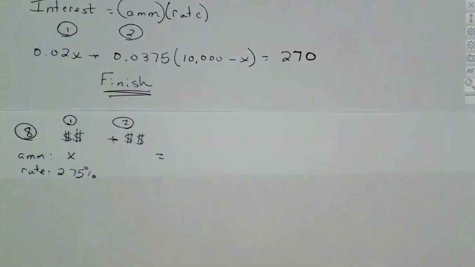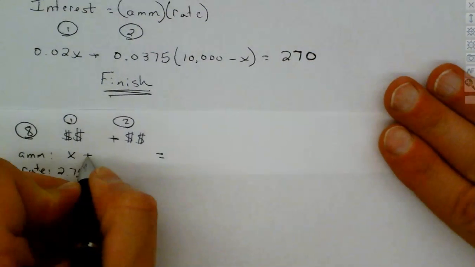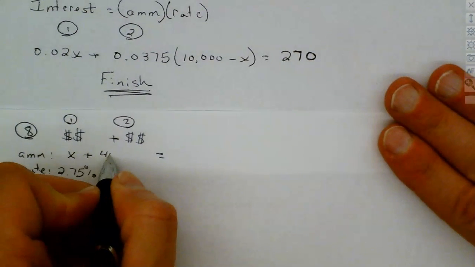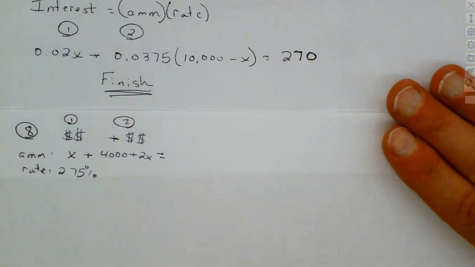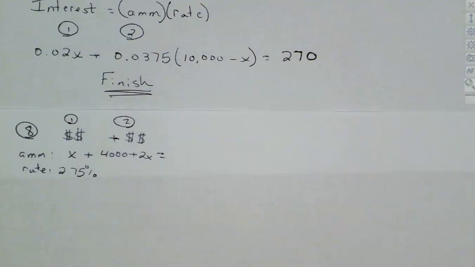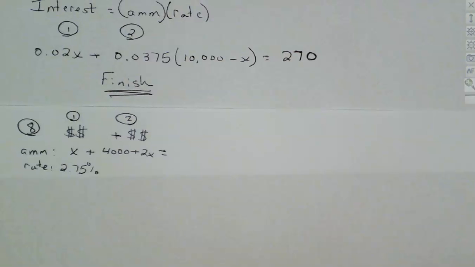What about the second fund? 2.75, unknown amount, we have that, and 4,000 more than twice this amount. So 4,000 more than twice this amount would be 4,000 plus 2x, right? 4,000 more than twice that amount is going here. And what percentage rate do we have over here?